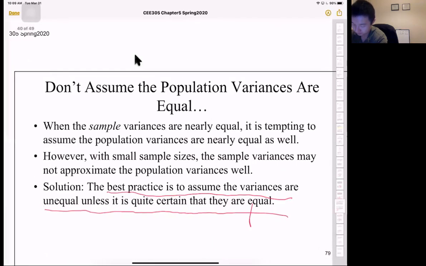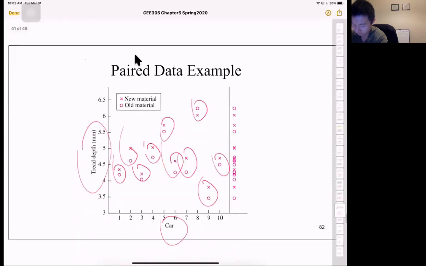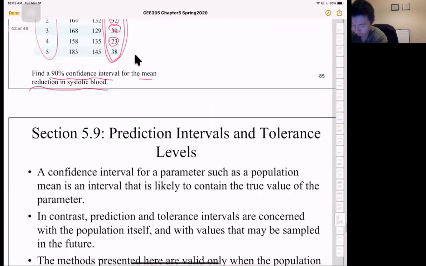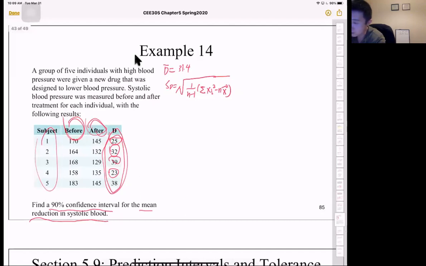The mean here is 31.4, and n is 5. The xi are 25, 32, 39, 23, and 38. From there, we can calculate SD, which is 7.30.